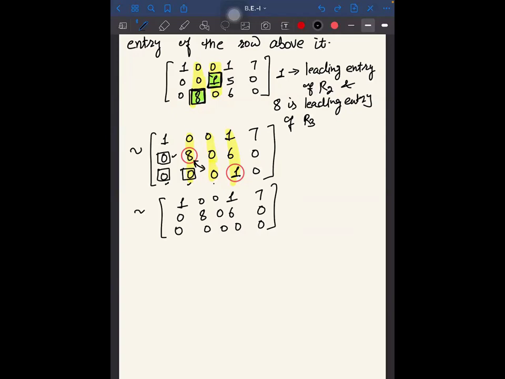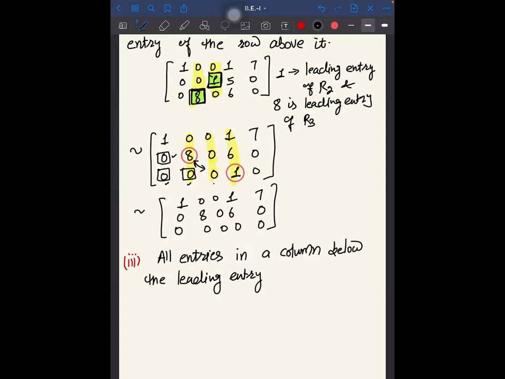Okay, so the next part, which of course I've already mentioned, but let's say again. The third property is: all entries in a column below the leading entry should be zeros.